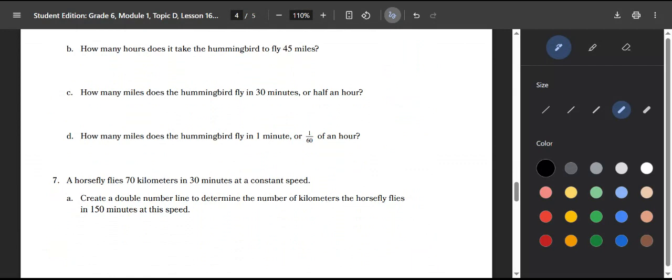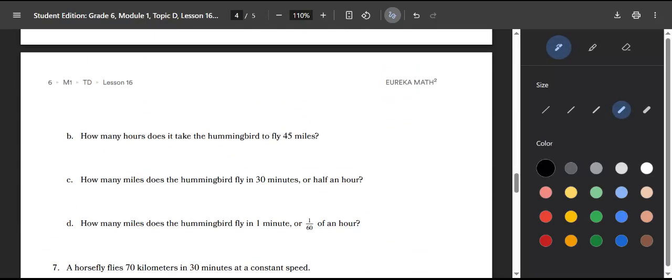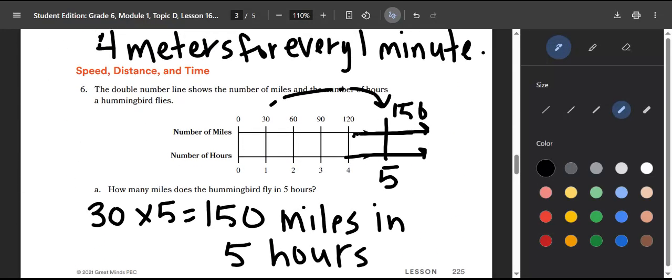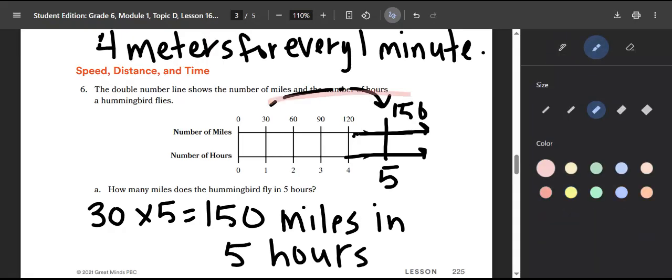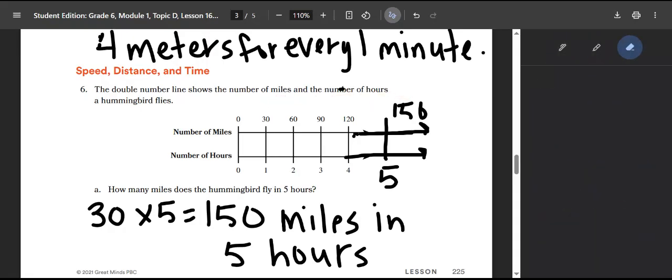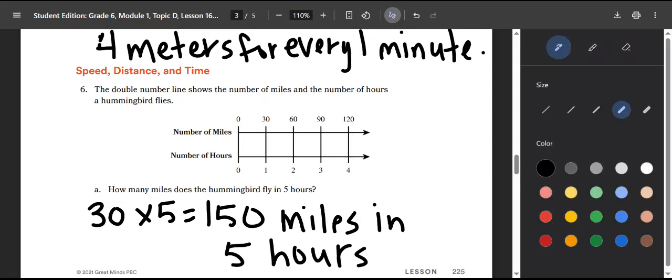Part B says, how many hours does it take the hummingbird to fly 45 miles? All right, well, let me go back to my double number line. I'm going to have to make some room, so I'm going to erase this. Not highlight it, erase it. All right. So 45 is right in the middle of 30 and 60.